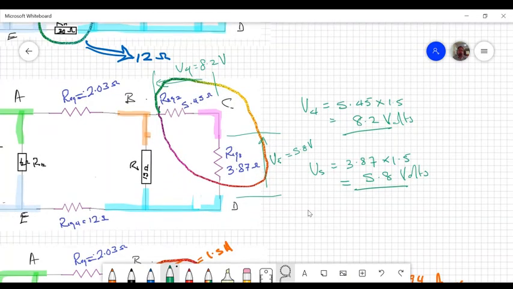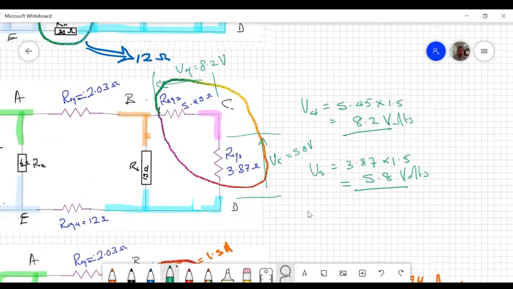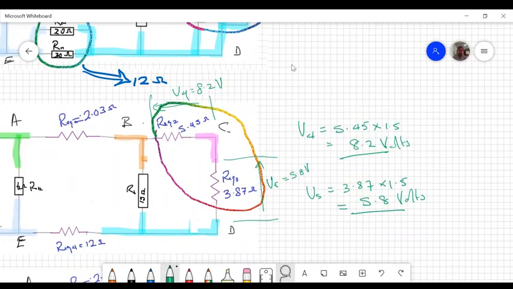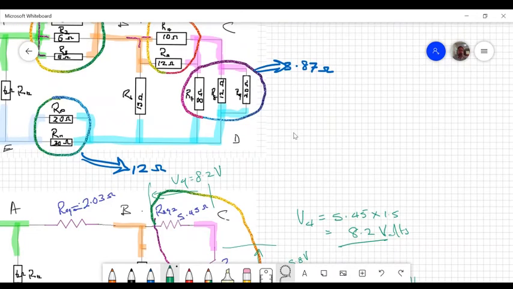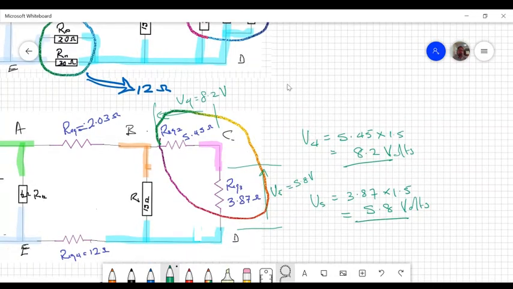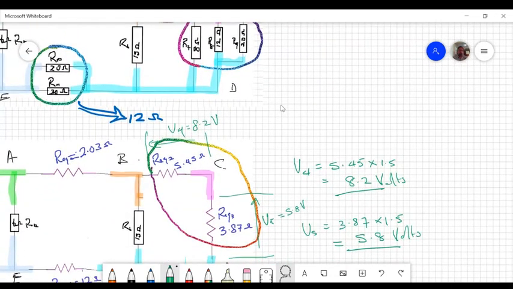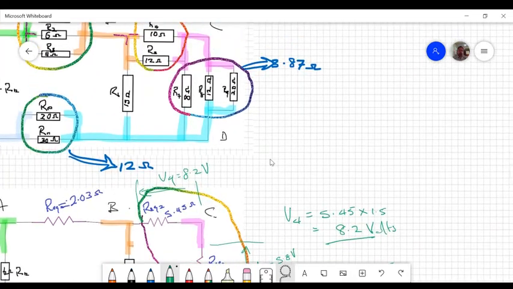Now, same idea. Remember REQ2, that 5.45 was a combination of several resistors, and the 3.87 was a combination. Let's go and see what combined to give what. So right here, I know that these three resistors was what combined to give me 3.87. So the voltage there must be 5.8 volts. So the voltage across these three resistors, remember all parallel branches carry the same voltage.